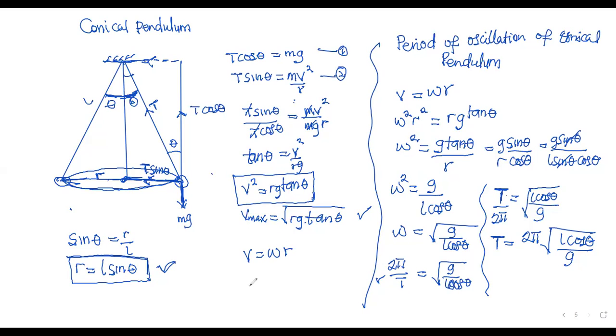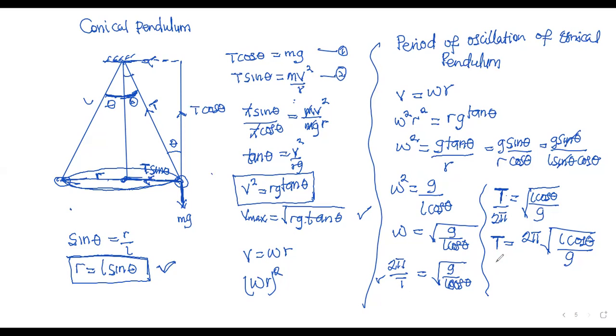So once you substitute v for this, you can play around it and then get this. So this is the period of oscillation of a conical pendulum. Today we derived equations. Tomorrow I'll bring sample questions so we apply all that we've studied in solving them.